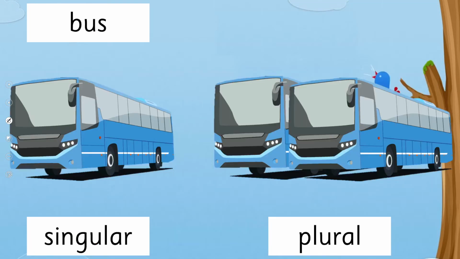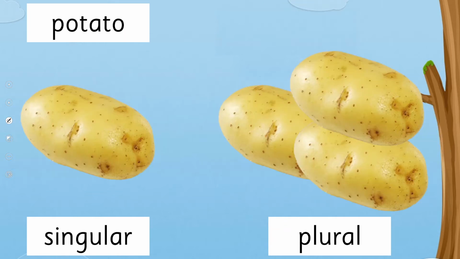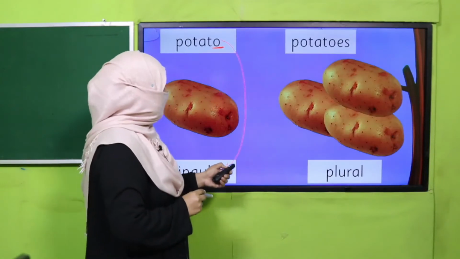Remember, we practiced it. Bus, singular noun, and it's ending on S. So, if it is more than one, what we'll do? We'll write bus and we find S at the end of the noun. That's why we'll add ES to make it plural. Buses. Got it? Okay. Potato. Again, the last letter is O, and we know for singular nouns which are ending on O, to make their plural, if they are more than one, we write that noun and we add ES.